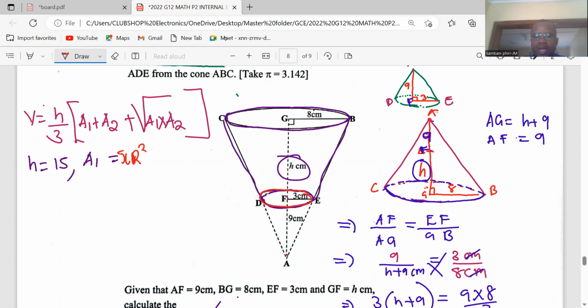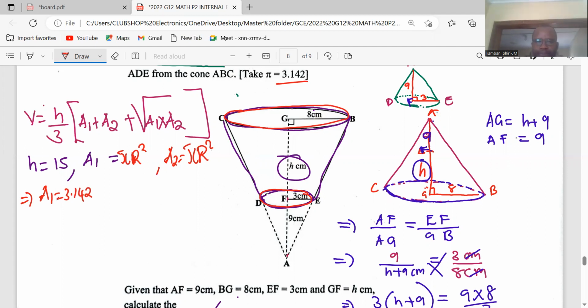Equal that one for A2, it will be pi r squared, because again, here the shape is in the form of a circle.